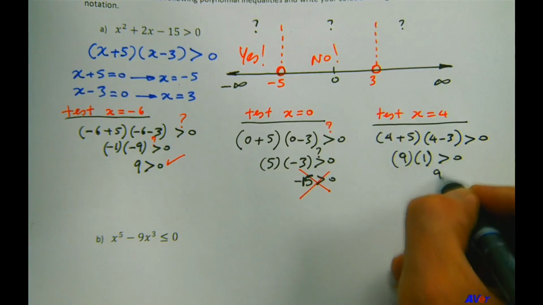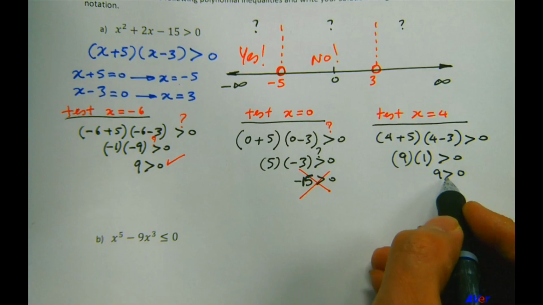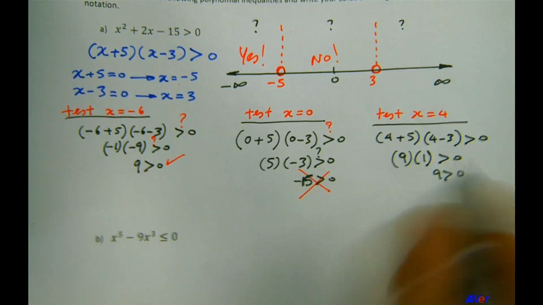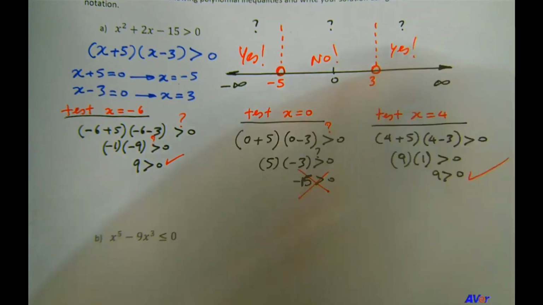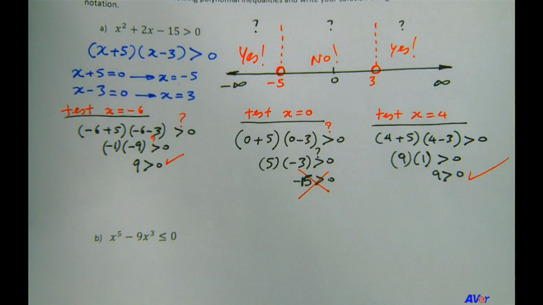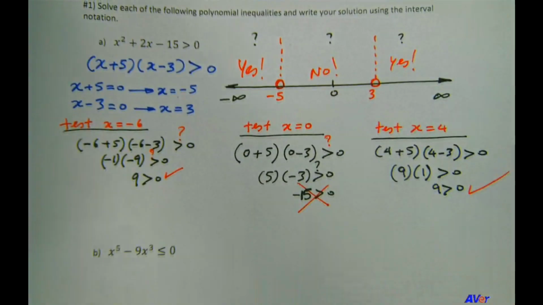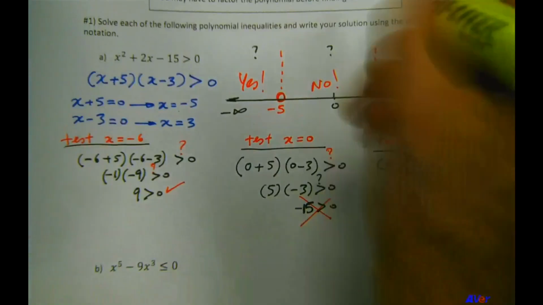Is that true? 9 greater than 0. Is this result true? Yes. So once again, we have found a solution region. Okay, so they're asking us to write the final solution using interval notation.